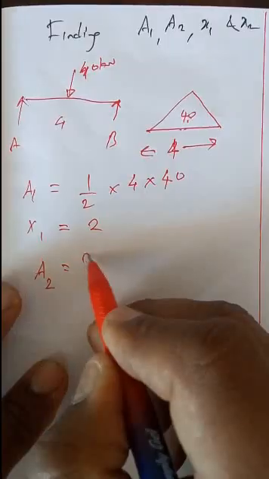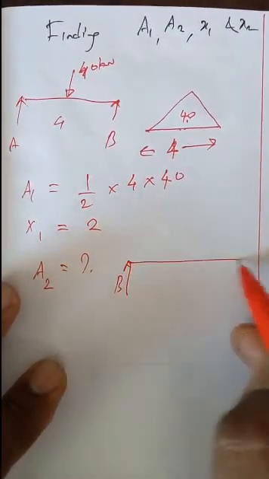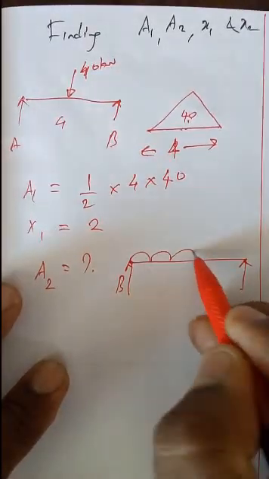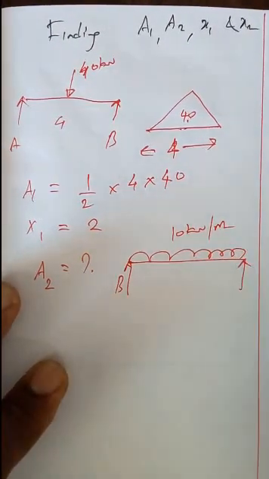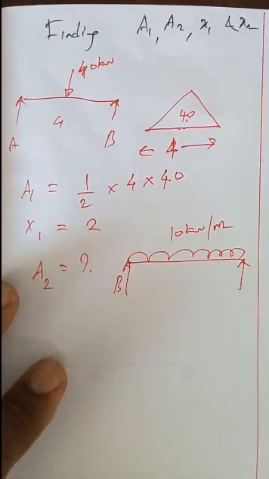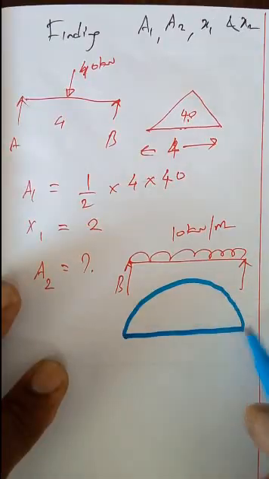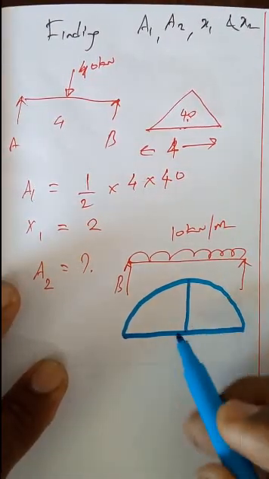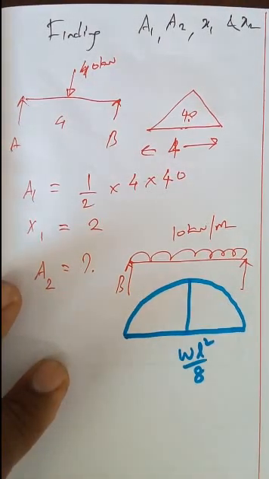And A2? How will you find out A2? You take the next span BC, where a UDL of 10 kilonewton per meter is applied. Here the bending moment diagram is WL square by 8.